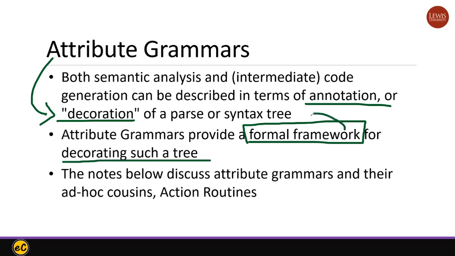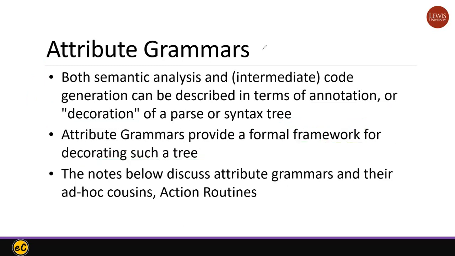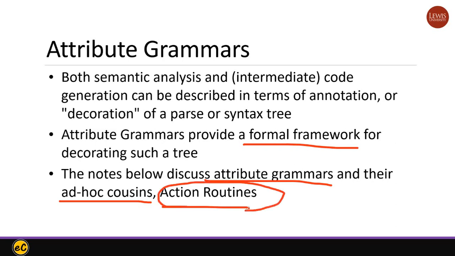So this is what it says here: the annotation and declaration of the parsing tree. That is attribute grammar, a formal framework for it. The notes below discuss attribute grammar and later action routines. Action routine is one kind of attribute grammar, and it's used in many processes.